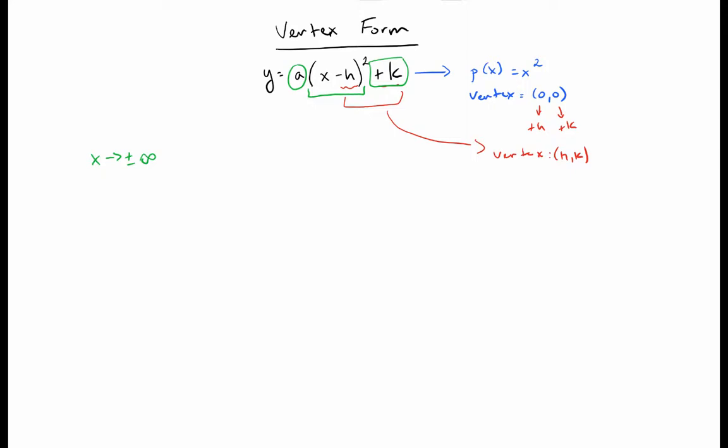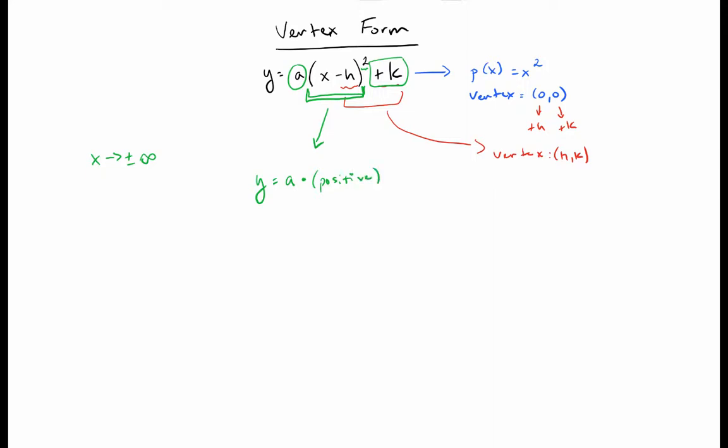And eventually, this piece right here is going to get real big or real small, okay? Real positive or real negative. So let's look at that. So we've got y is equal to a times, and we know that (x minus h) squared is always going to be a positive number.